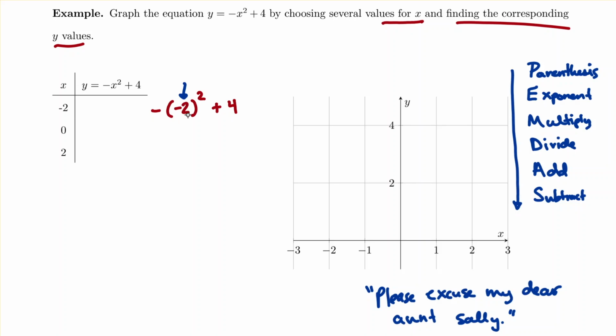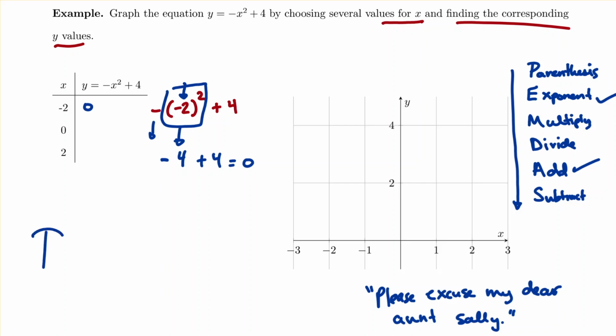So we're going to deal with our parentheses first and then our exponent. So we type in negative 2 squared in parentheses, and that will give us 4. And then the negative that was waiting outside gets applied. So now we can do the next part of our list, which is add. Negative 4 plus 4 is 0, so we get 0 for that value.